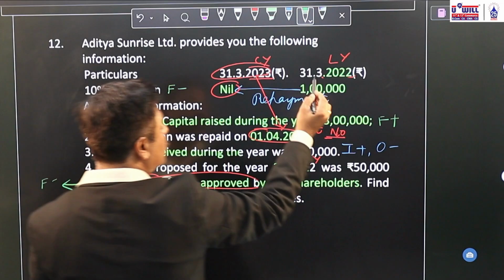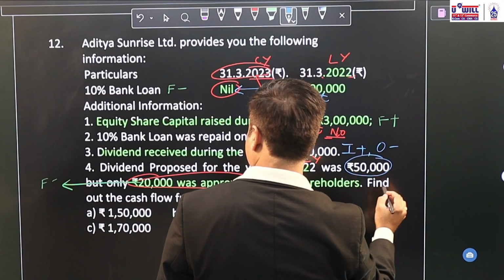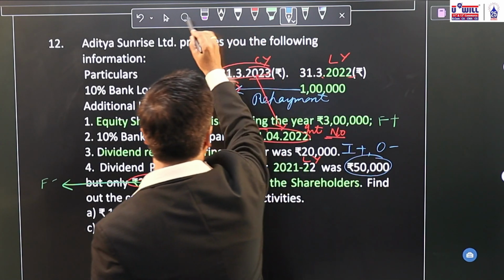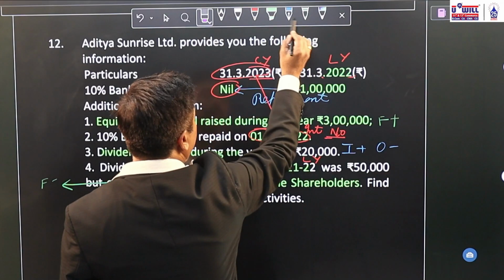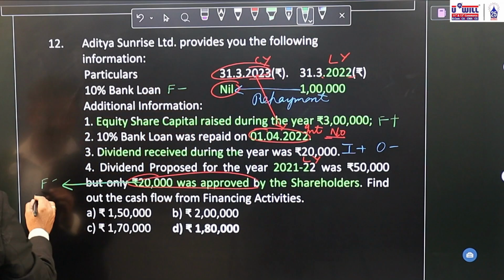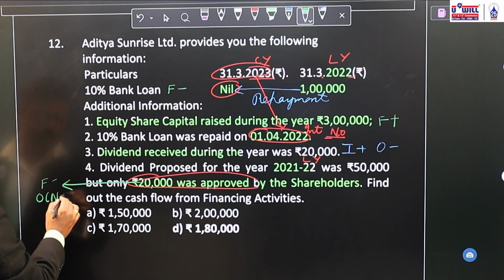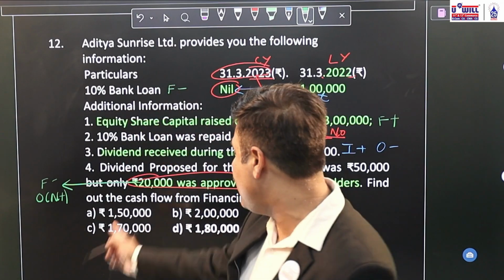In finding operating profit before tax and extraordinary items, we will add it.